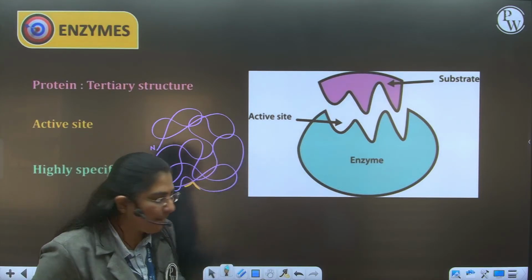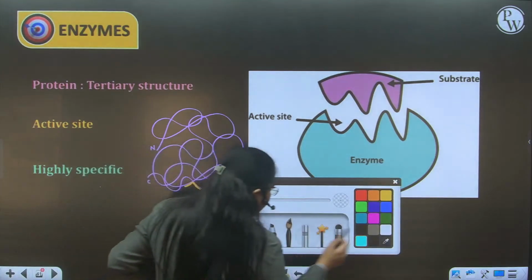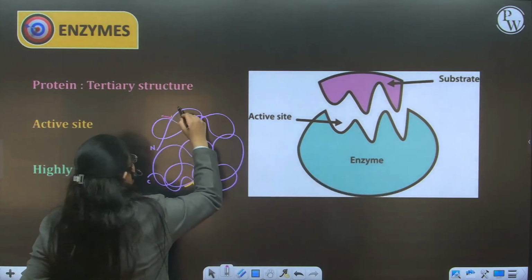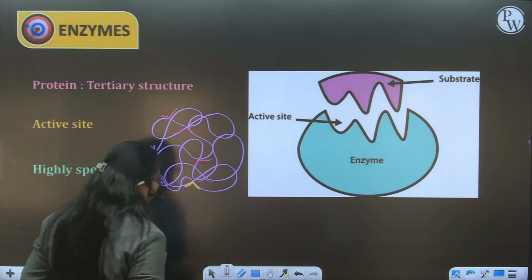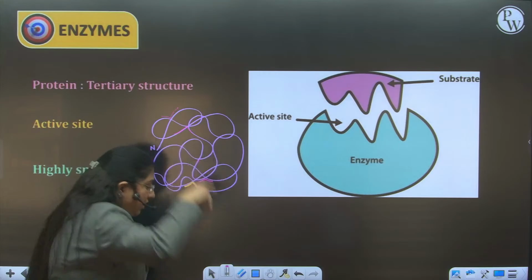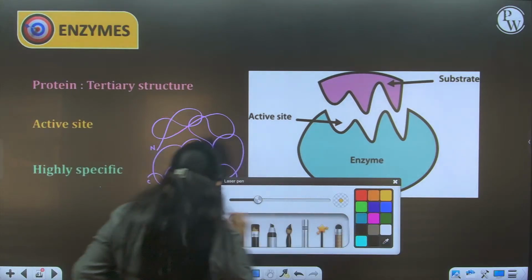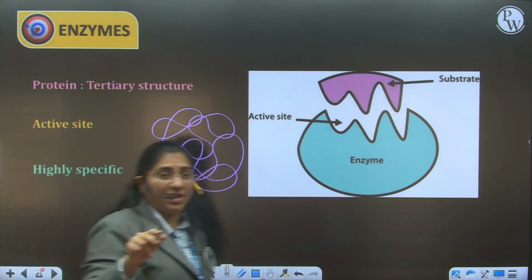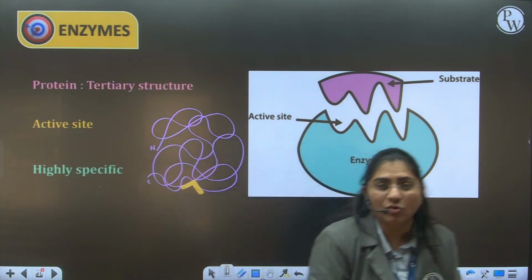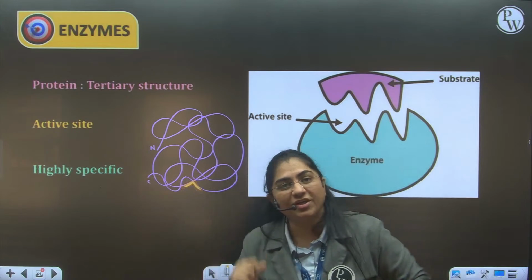Here we have one crevice, here is another, here is the third, here is the fourth one. However, only one of them is the place where that substance will go and bind, which has to be converted into product.